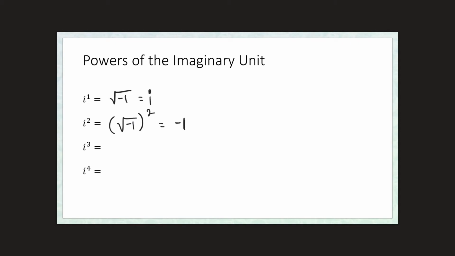But let's see what else we can do with them. i to the third. That is like the square root of negative 1 to the third power, which I could rewrite as the square root of negative 1 squared times the square root of negative 1, breaking it into i squared and i to the first.